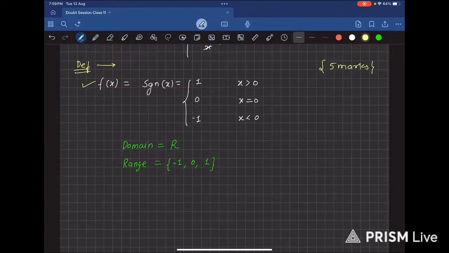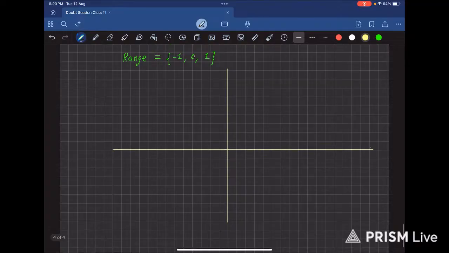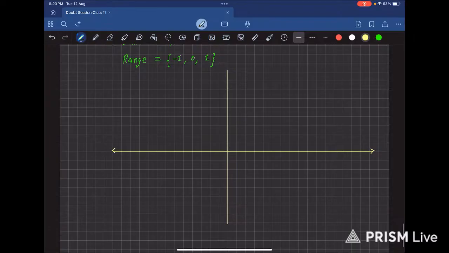So in 5 marks you have to write the definition, f of x, domain, range, and the graph. So how do we make the graph of this function? So listen here, my dear students.